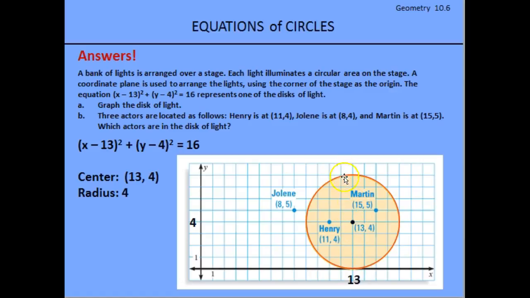And then we have to go 4 in each direction, and as best we possibly can, we have to sketch a circle. Then we plot each one of our actors, and we see which ones are actually in the light and which one, in this case, is not. Jolene is not in the light. So it says which actors are in the disk of light. I would say that would be Martin and Henry.